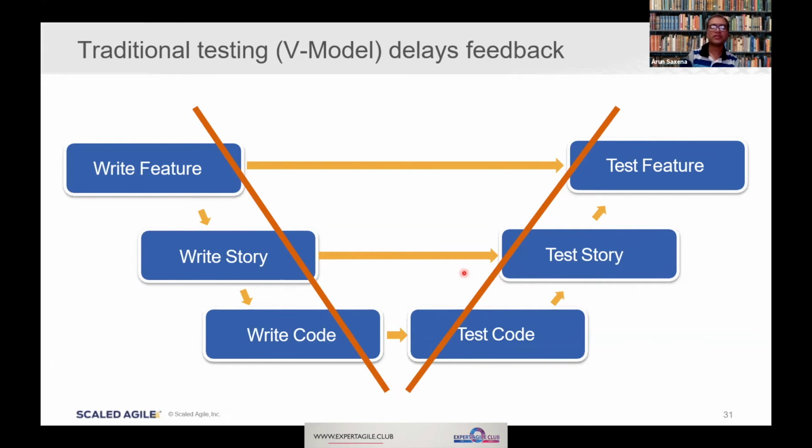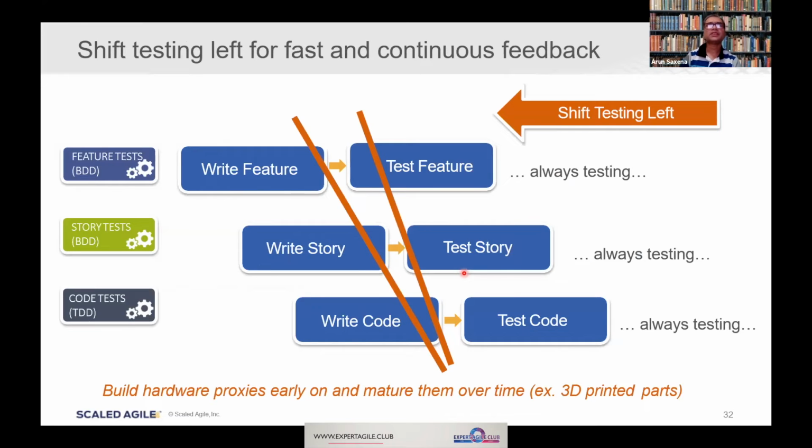Then how should we overcome it? To overcome, I think there is quite a famous term now coming, shifting left for testing. So everything should be test driven. So instead of waiting for this to develop and then do the testing, we can write a feature test, behavior driven test, and then test the feature. Similarly, write a story or the software requirement and test this, and same thing for the code also, it should be tested.